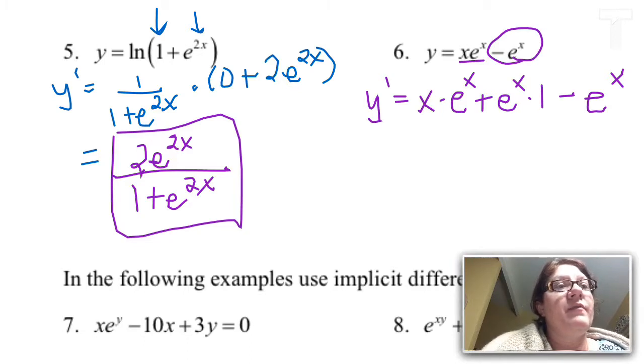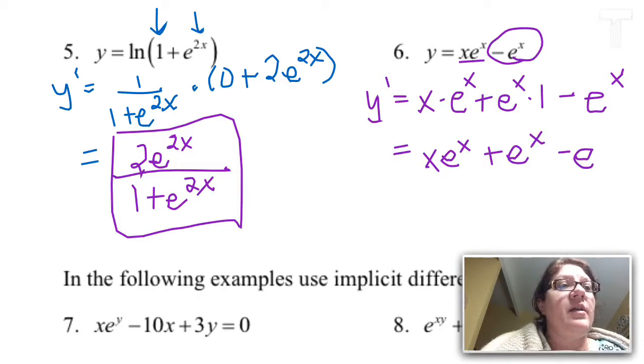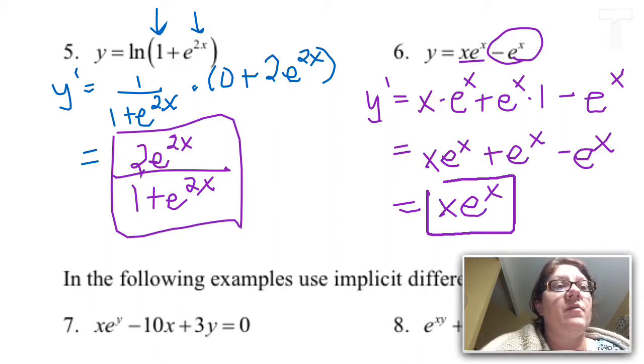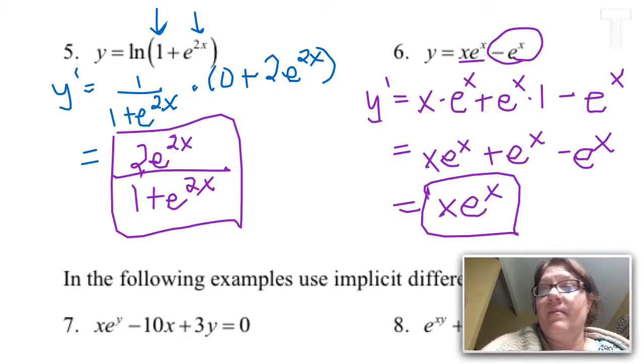So let's see how this simplifies out. I have x e to the x plus e to the x minus e to the x. Of course, those are magically going to disappear. And that's all I get.